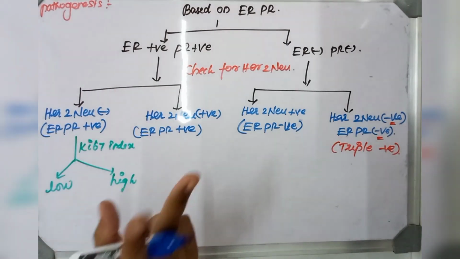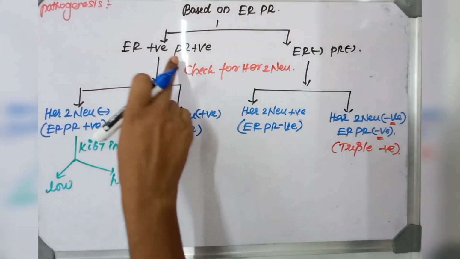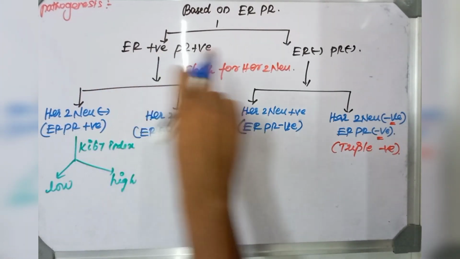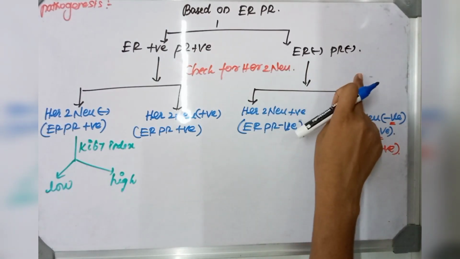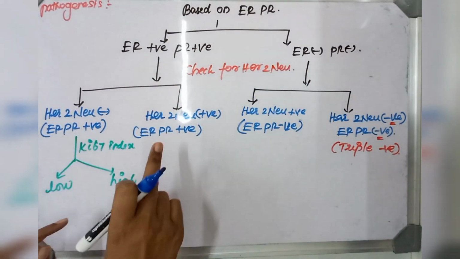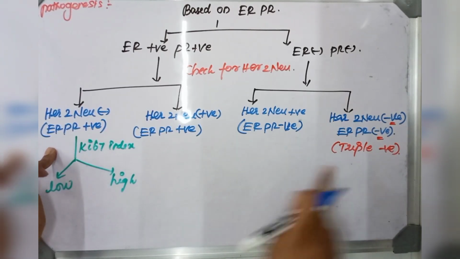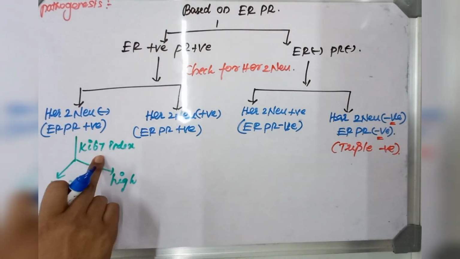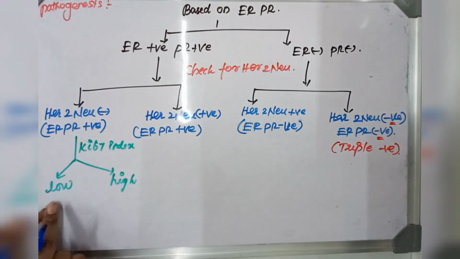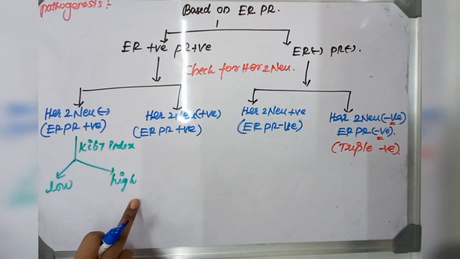We have already seen that ER-PR positive is shown by luminal types, and ER-PR negative is shown by basal types. So here, this is also luminal, this is also luminal, this one is basal, this one is basal. Based upon the Ki67 index, it splits into low and high proliferating rate.